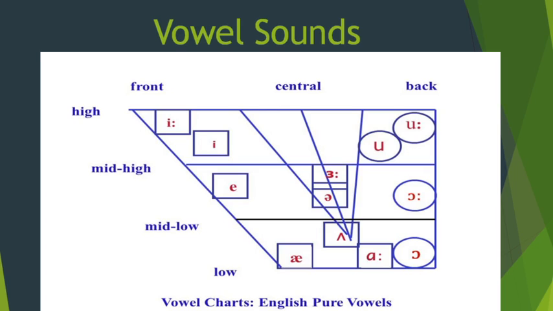If the position of the tongue is low, then the oral cavity will be open. So if you want to describe any vowel, you have to describe whether it is from the front part, central part, or the back part, and whether the oral cavity is open, closed, half open, or half closed.